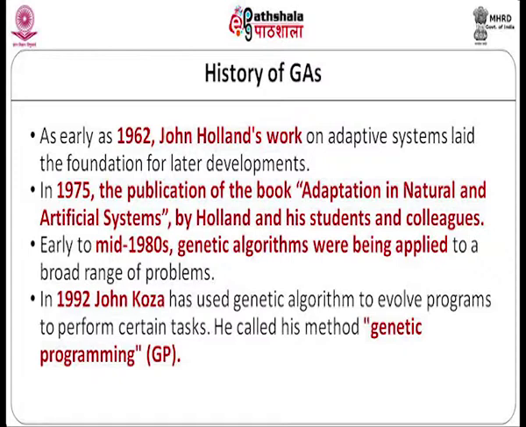In the early to mid 80s, genetic algorithms were being applied to a broad range of problems, artificial problems, I mean, not natural adaptation. And in 1992, John Koza used genetic algorithms to evolve programs to perform certain tasks, and he called this group of programs genetic programming. So, we have genetic basis, then genetic algorithms and genetic programming.